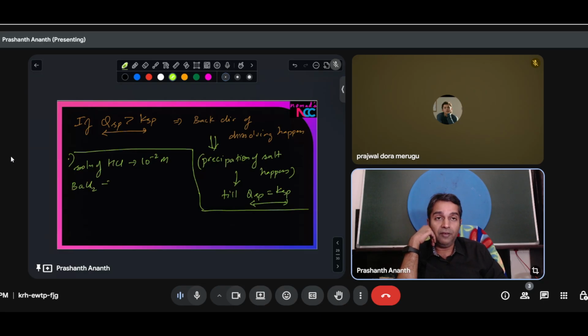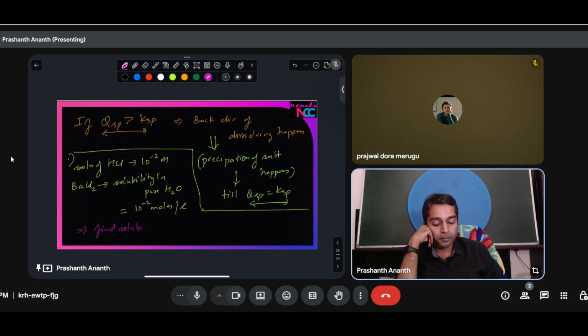Let's say the solubility of barium chloride in pure water is given as, say, 10 power minus 2 moles per liter. I am asking: find the solubility of BaCl2 in 10 power minus 2 molar HCl solution.